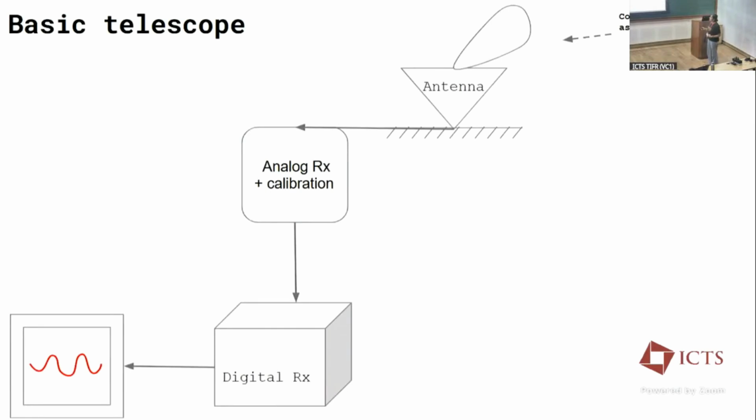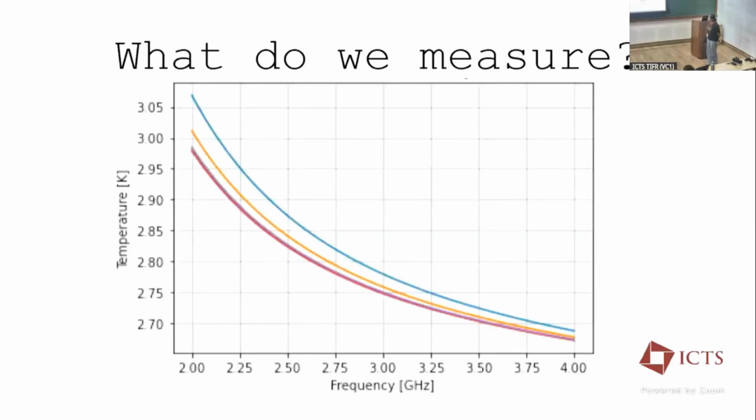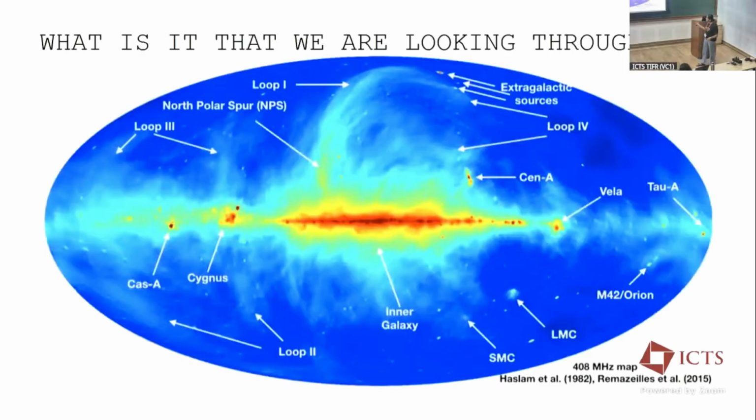Okay, now coming quickly to the experiment: you put together a telescope, you have a nice antenna, you have an analog digital receiver, you have some way to analyze the data. And what you measure is not those lines. You will measure something like this, which is mostly the CMB, about 3 Kelvin, as well as some contribution from your own galaxy, right? So this is what our galaxy looks like at 408 megahertz. It is very rich in structure.